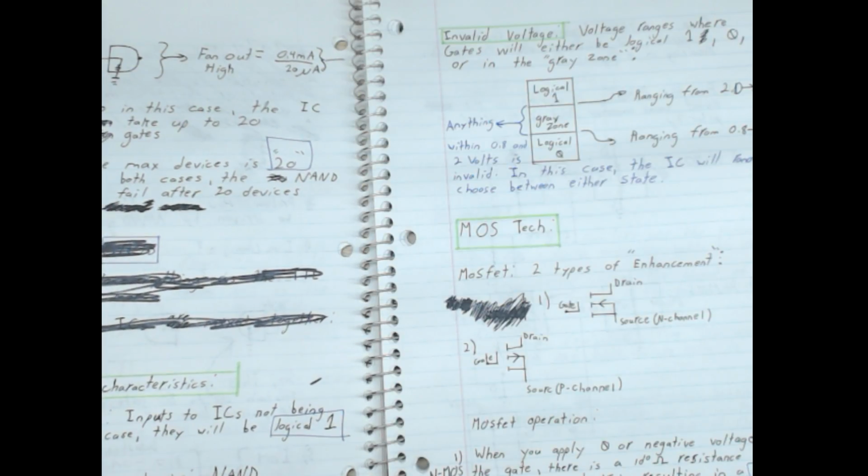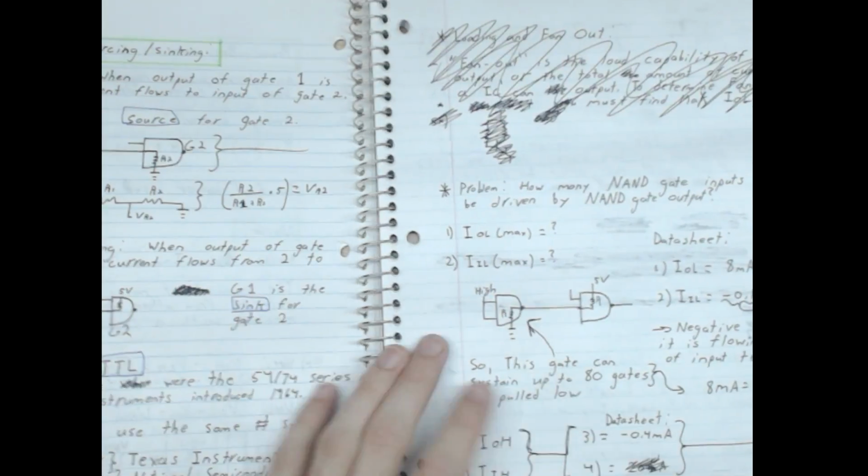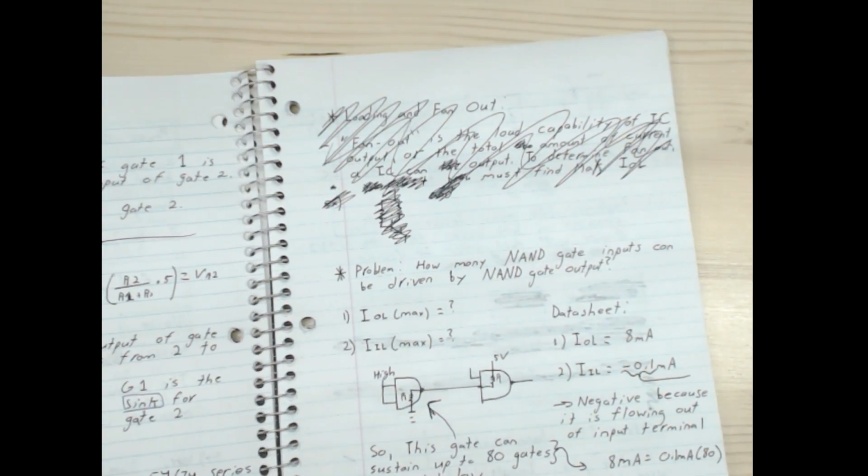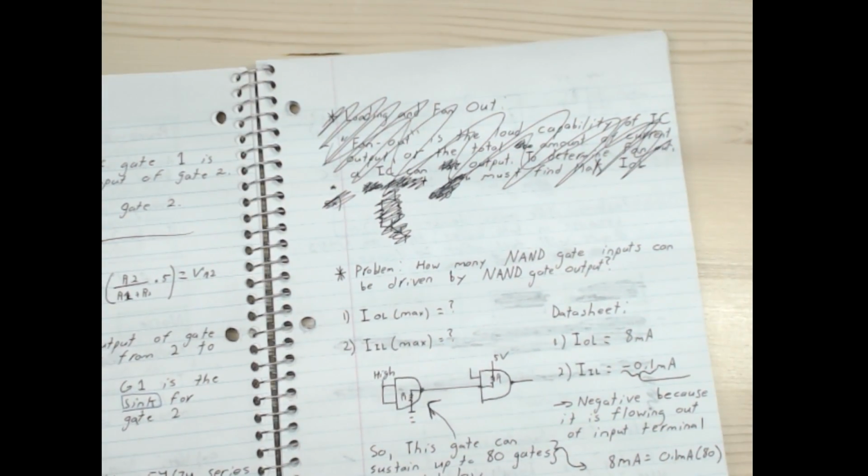VOH, IOH, timing diagrams. Timing diagrams. So let's go ahead and look for the notes that he gave us. I do not have my NAS open, so I can't find it, meaning I have to go through Omnibox.